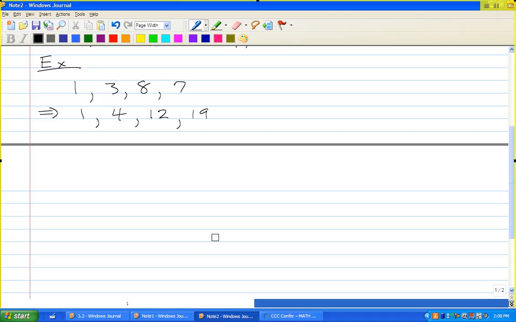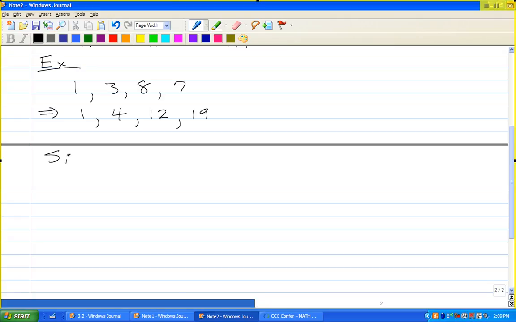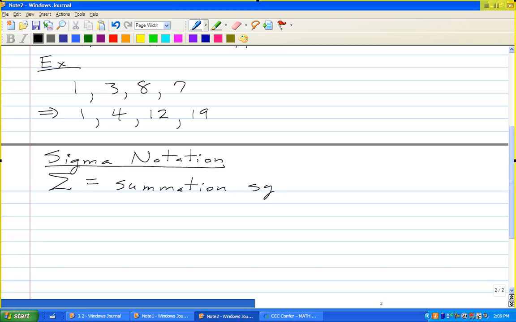I'll give you a notation, the sigma notation. And so the capital Greek letter sigma, this is called the summation symbol, just means to add.